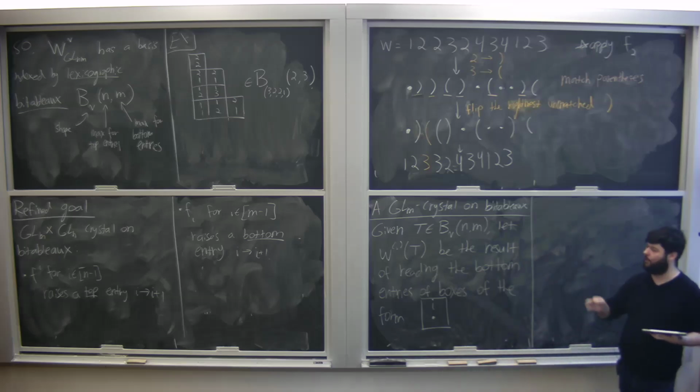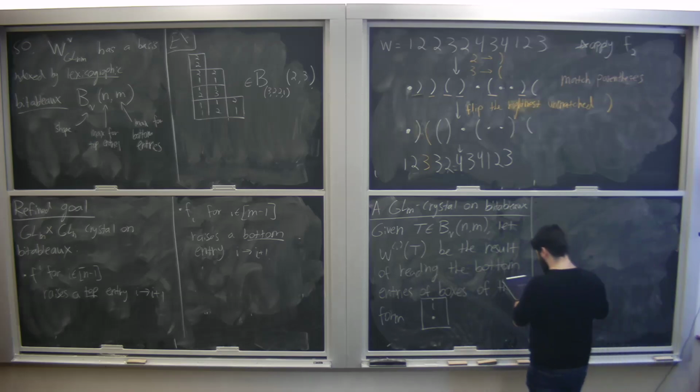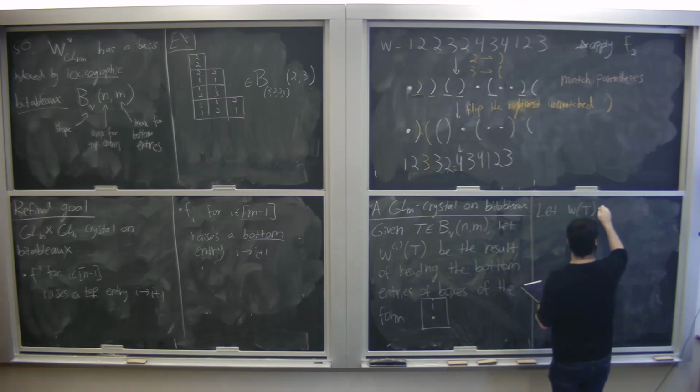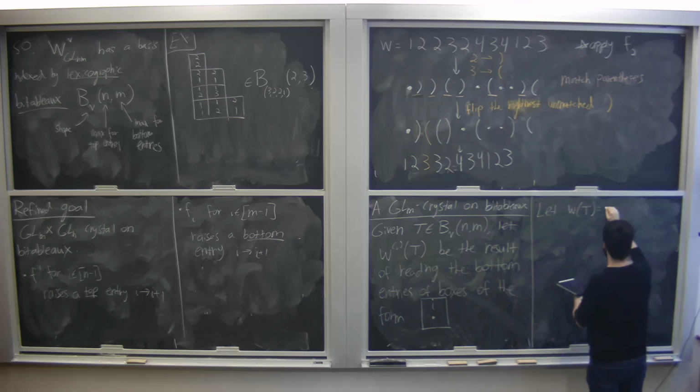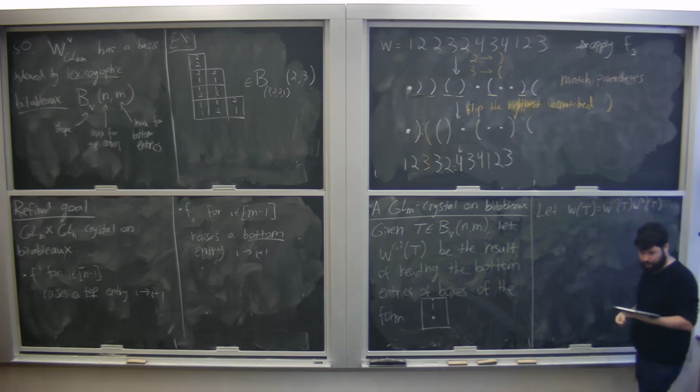So it's like I have a reading word like I had for my tableau earlier, but I'm saying only read the ones where the top entry is some prescribed number. I'm going to let W of T be the concatenation of all of these: W_1 of T, W_2 of T, and so on.